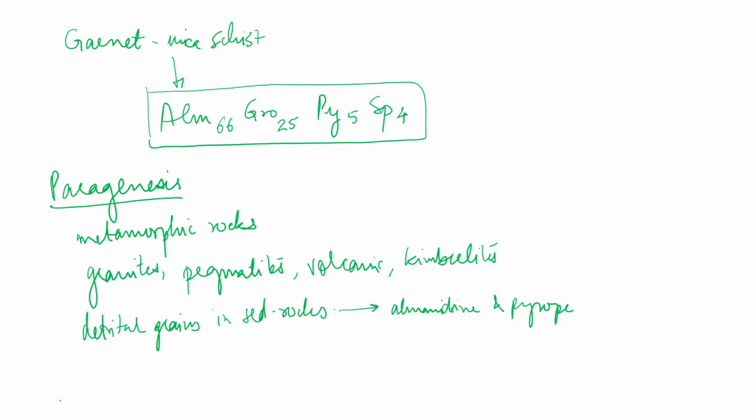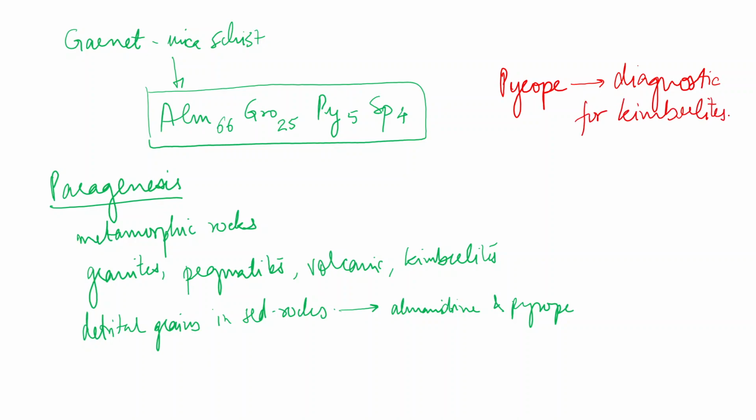So I give a multiple choice question to you, probably may be asked in GSI or other competitive exams, that pyrope is a diagnostic mineral for kimberlites, and we all know why kimberlites are hunted. Okay.